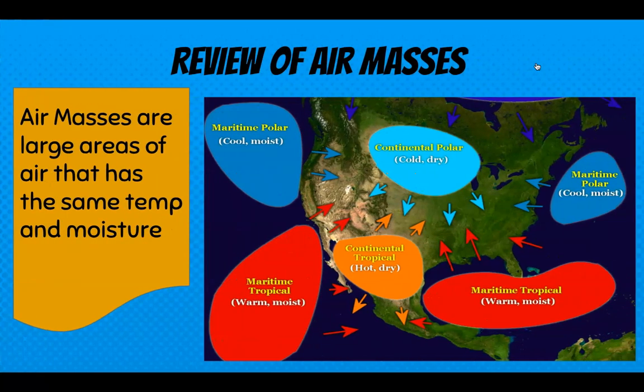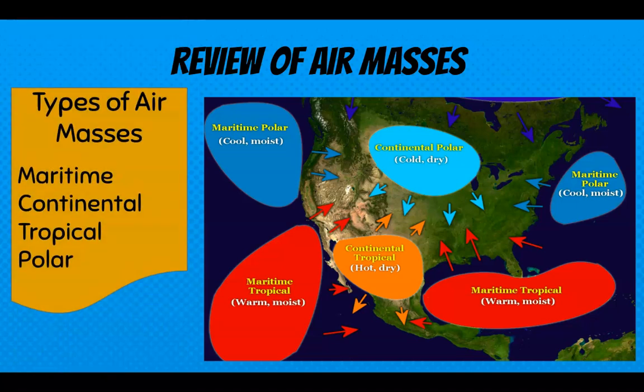Air masses are large areas or pockets of air that have the same temperature and moisture content. And there are 4 things that an air mass can be. It can be either maritime or continental. Maritime air masses form over the oceans, so they're going to have a lot of moisture, whereas continental air masses form over the continents and over land, so they're not going to have a lot of moisture. They're going to be dry air.